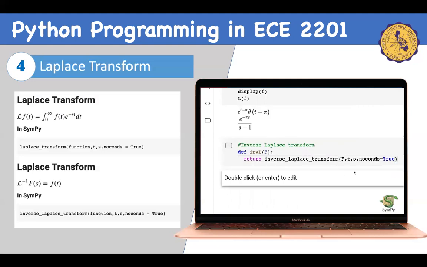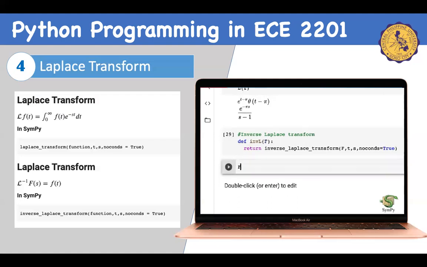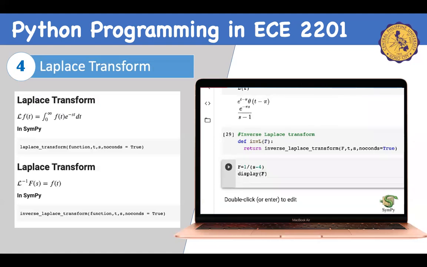All right, let's try the basic inverse Laplace transform. Run it first. Don't forget to run it. And then let's say F equals 1 over S minus 4. Okay, first we are going to display it and take the INVL of F.